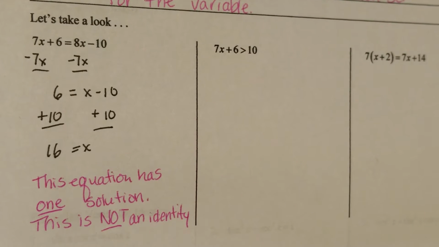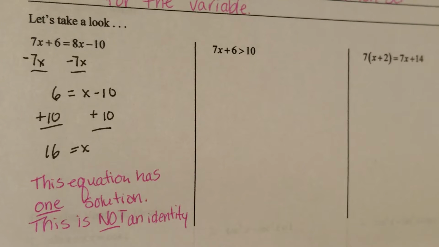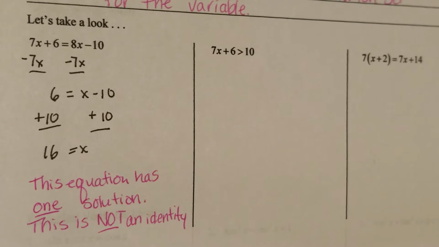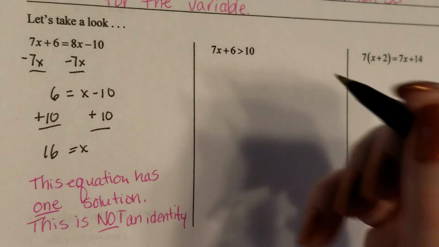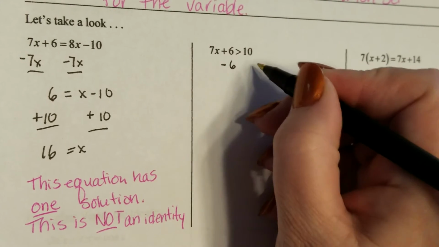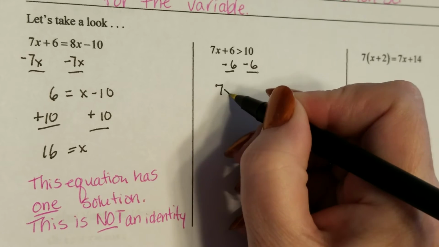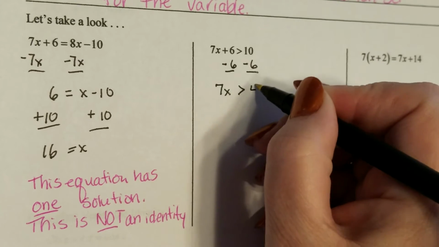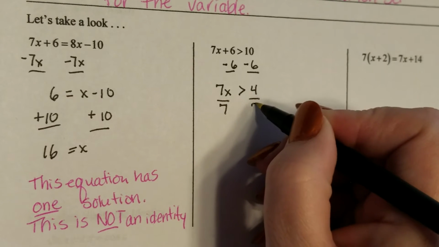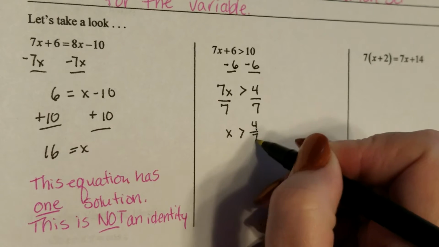Let's take a look at this next. Well, it's not an equation, it's an inequality, but inequalities can also be identities if it's true no matter what value x gets. So let's go ahead and solve this. We're going to go negative 6 on each side. We get 7x is greater than 4. And we'll divide by 7. We get x is greater than 4/7.